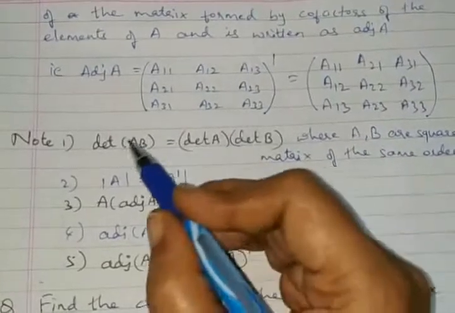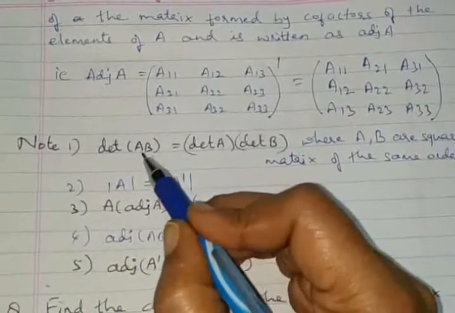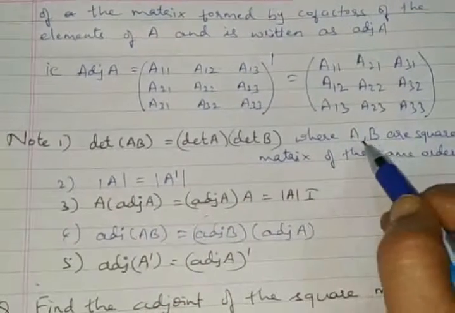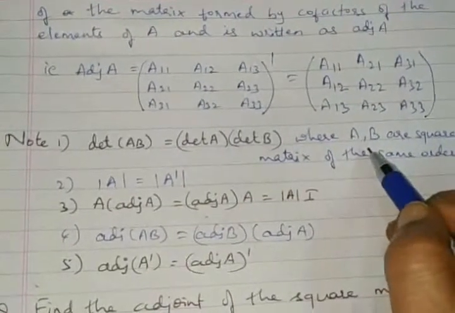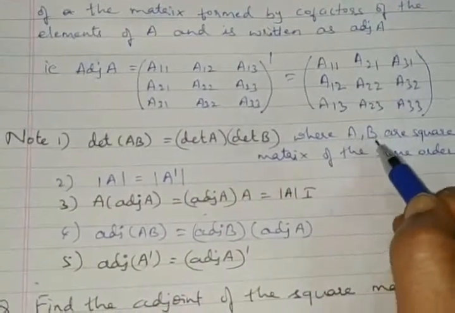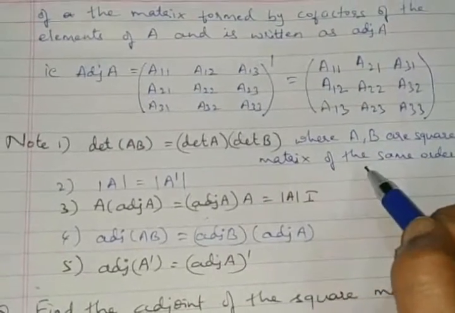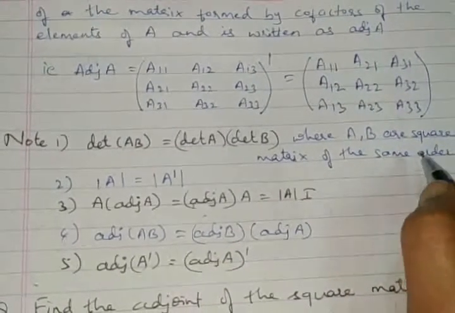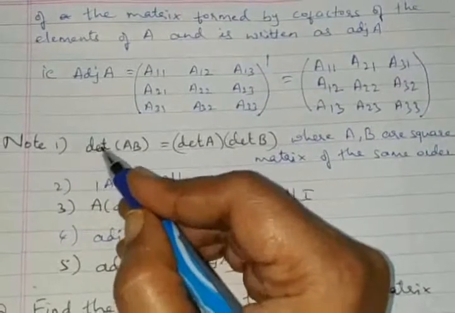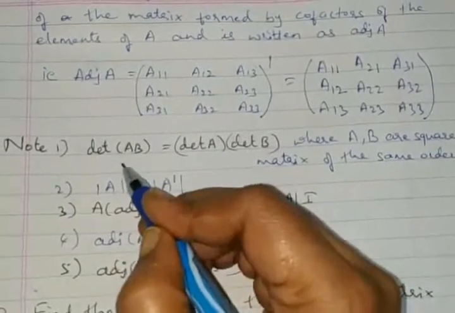And when we are talking about determinant, definitely a determinant exists for a square matrix. So I have to put a condition: the given data should be that A and B are square matrices, and both should be of the same order. Then and only then the determinant of AB exists.